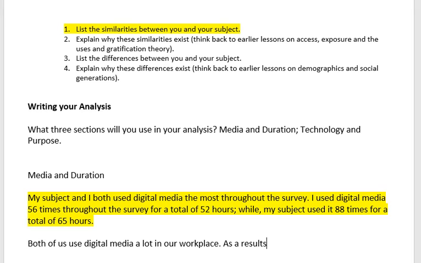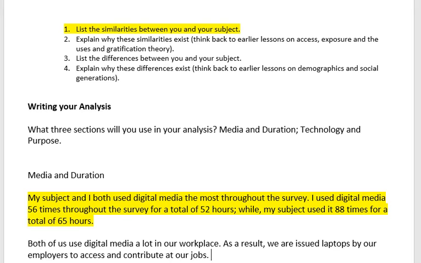As a result, we are issued laptops by our employers to access and contribute to our jobs.